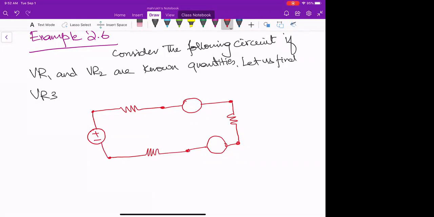Okay, so in KVL, do you remember what we have done in KCL? We tried to pick the node and then write the equation, right?